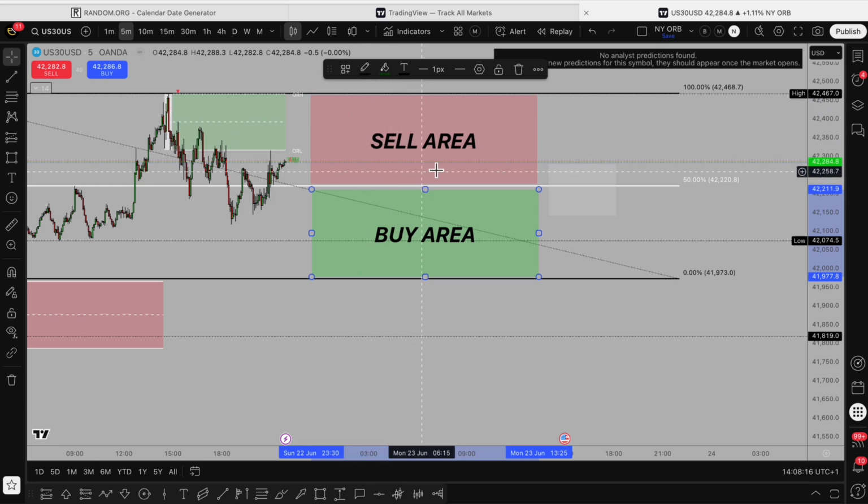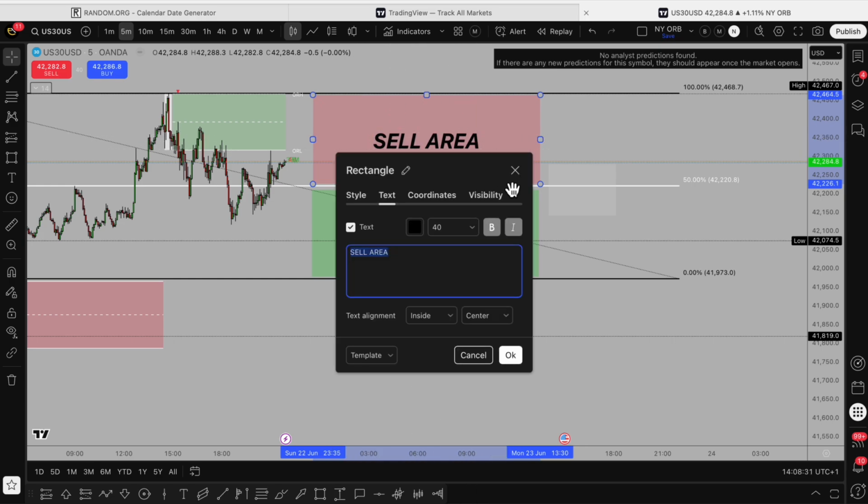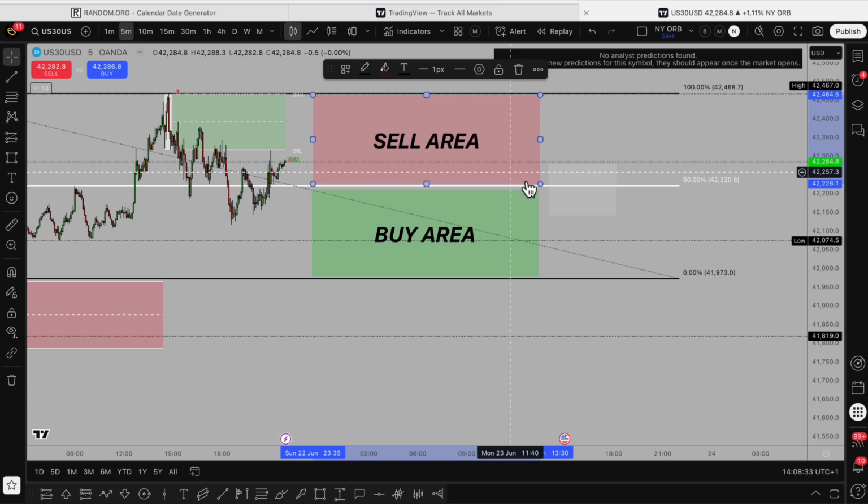So this red sell area, I've just wrote sell and buy for simplicity. But this area here where you see sell is where you should be selling the market. There's value here, premium and discount. If the market comes down here into this green zone, you're in a discounted area.